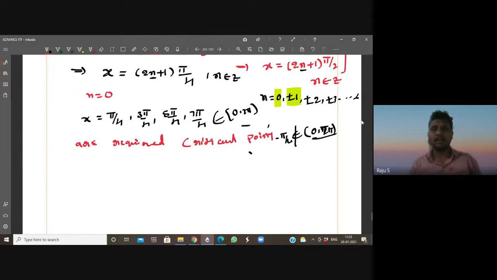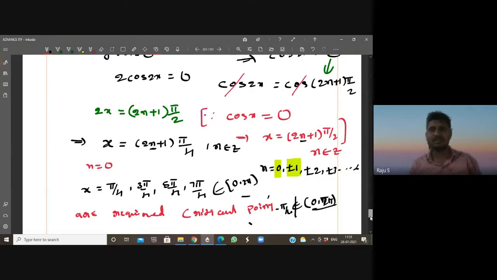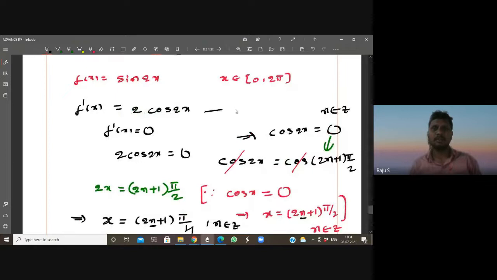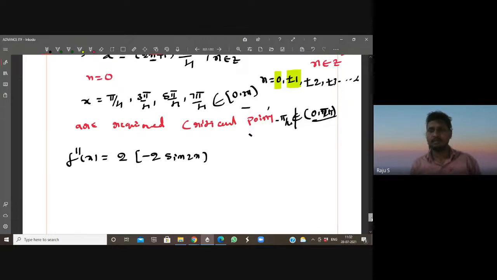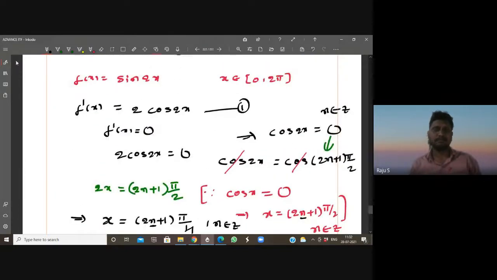Okay, now again differentiate the given function. This is equation 1. Differentiate equation 1 again. Left side is f double dash of x, equal to right side 2 into minus 2 sine 2x. What is the derivative of cos 2x?